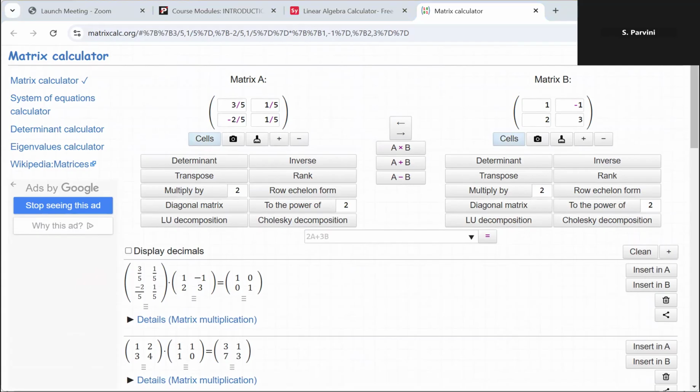We don't want to do any of these by hand, honestly. It's just not practical and it's pointless. Now, you saw me show you how I did AB. It's like, oh, okay, I see how that's done. But imagine if you have to do all of these multiplications by hand, it's just going to be a nightmare.